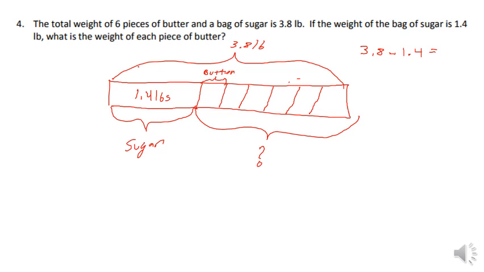So I like doing them horizontally, 3.8 and 1.4. Subtracting, I lined up my decimals. 8 minus 4 is 4. 3 minus 1 is 2. So I know the total weight of the butter now is 2.4 pounds.